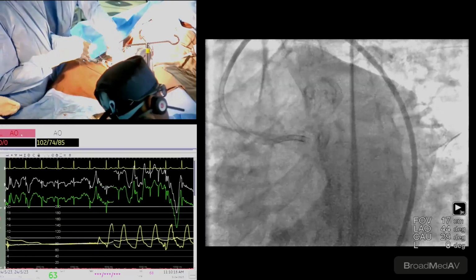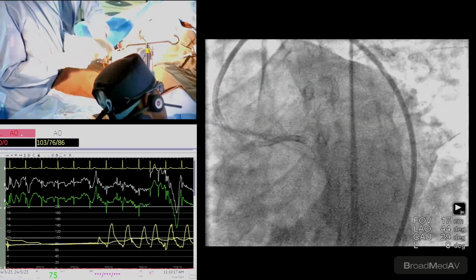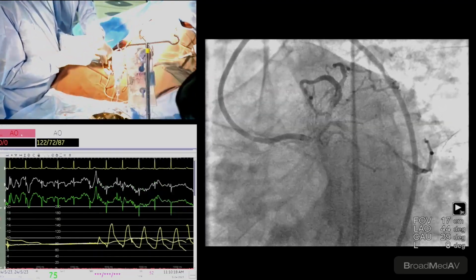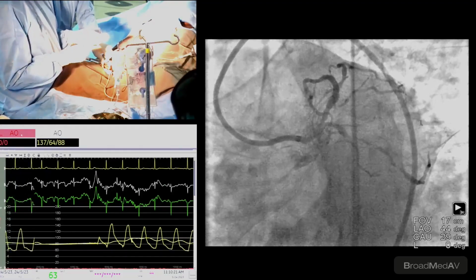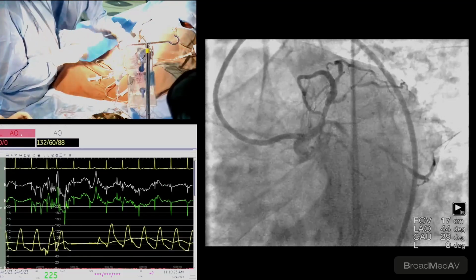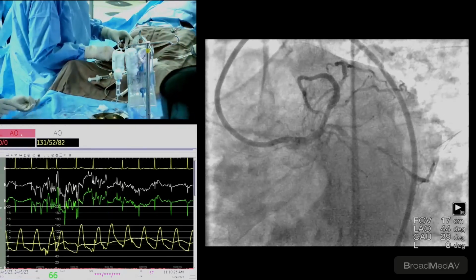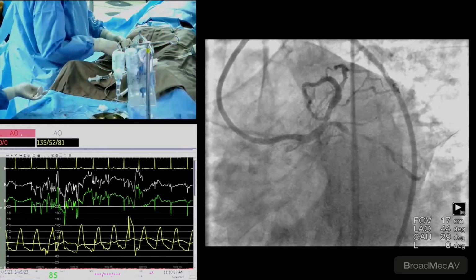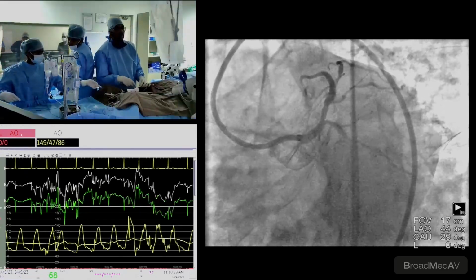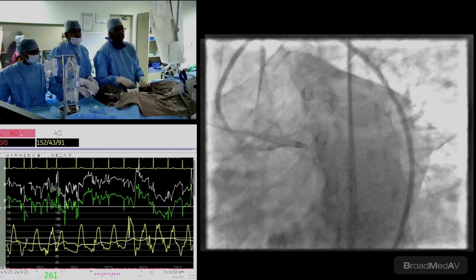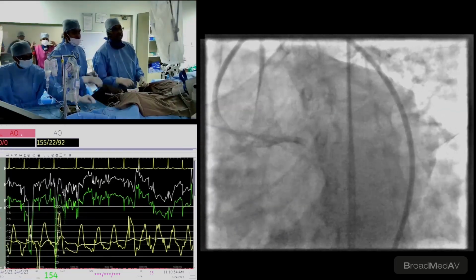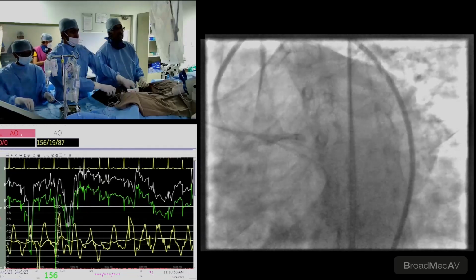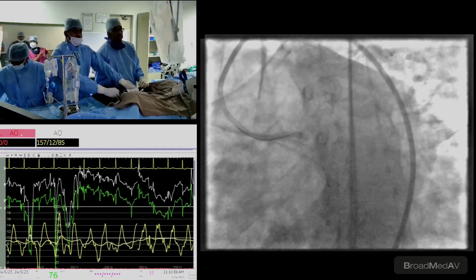Looks pretty good. There's a little dissection on the diagonal, but I'm not going to stent that. The flow is good. What do you think, Nanda? Yeah, we will see in the OCT. If it is a non-flow-limiting dissection, no need to stent that one. Anyway, we did a kissing, and the only thing you can do is possibly provisional.